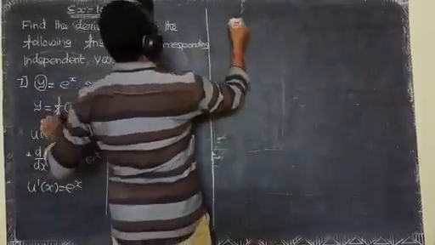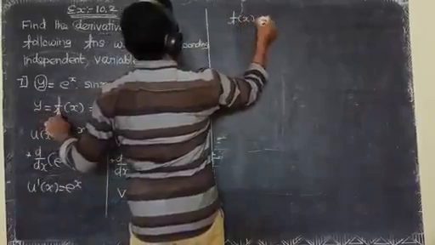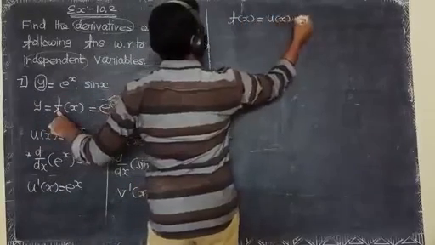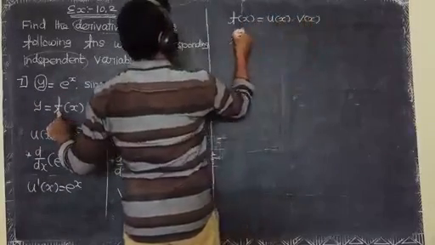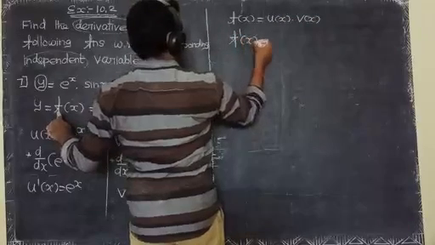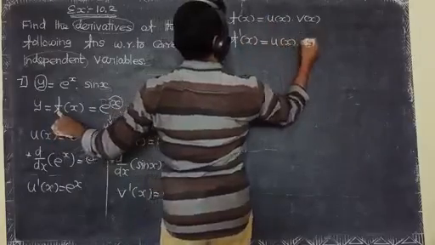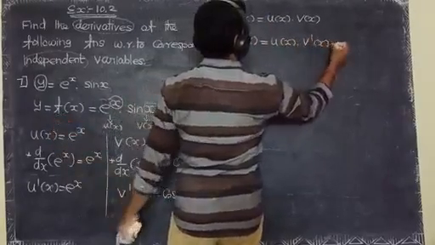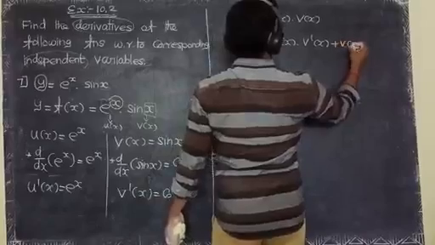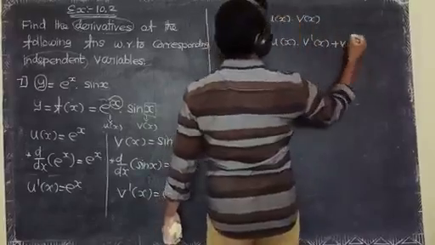Here the given function is f of x equal to u of x into v of x. The derivative f dash of x is: hide the function u of x and differentiate v to get v dash of x, plus hide the function v of x and differentiate u to get u dash of x.